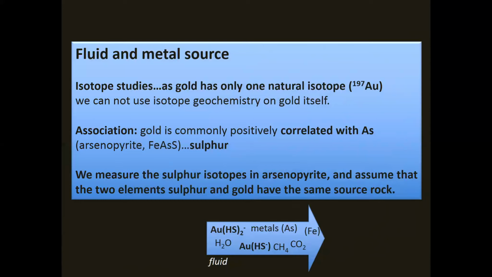But we will use the assumption of the association that gold is correlated with arsenopyrite, and the sulfur in the arsenopyrite is coupled to gold in the way that we think the gold is carried as a hydrosulfide complex in the fluid. So we measure the sulfur isotopes in arsenopyrite, which is associated with the gold, and assume that the two elements, sulfur and gold, in the arsenopyrite have the same source. That is the assumption that we build this on.